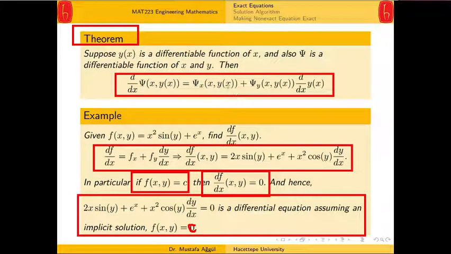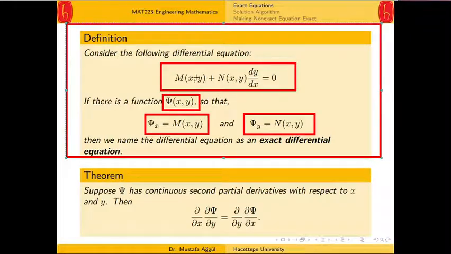If you compare the definition with the theorem, you'll see we have the m function here, m of x comma y, and the n function there, and the y derivative, and this is equal to 0. So this is very similar to the theorem, and it will be somehow related as well.